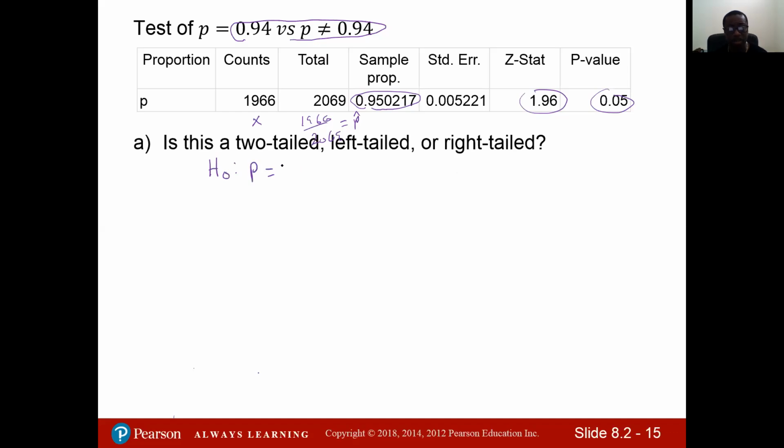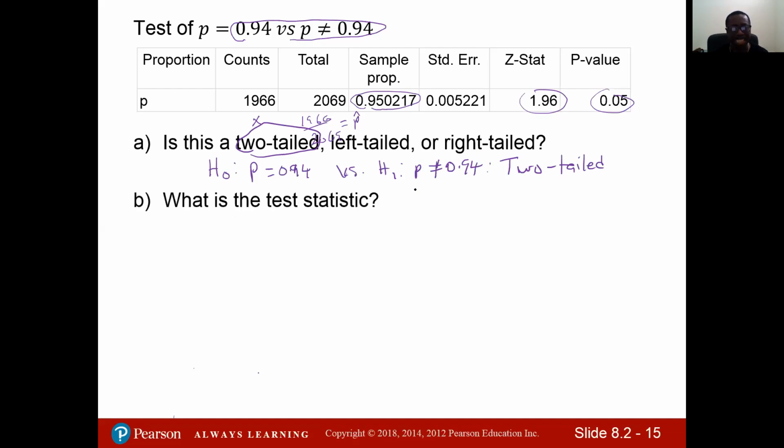In this case, you said you test 94%, so that is 0.94, versus the H1, that's your alternative hypothesis, which is p is not equal to 0.94. And so this is what is a two tail. Okay, so the answer is that it is a two tail test. Okay, so that is A.